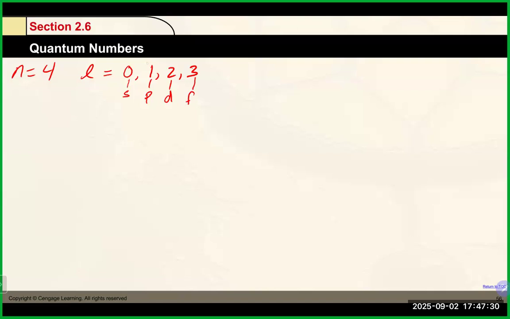And we could go through the M sub L for each of these. For this one, it would equal 0. For this one here, the M sub L would be -1, 0, +1, which again is our 3 p orbitals. As we did on the previous page, this one would be -2, -1, 0, +1, +2. Those are our 5 d orbitals.